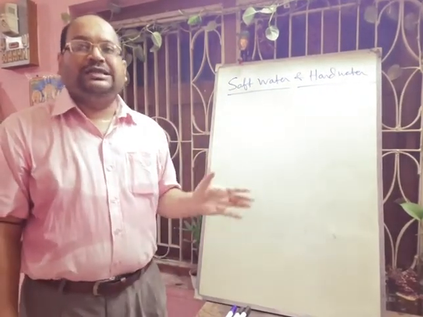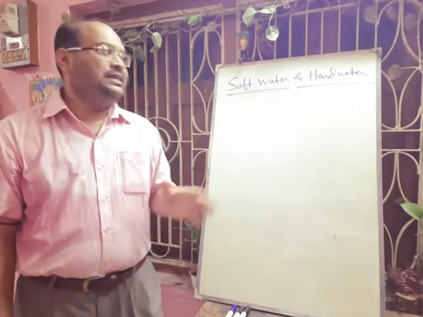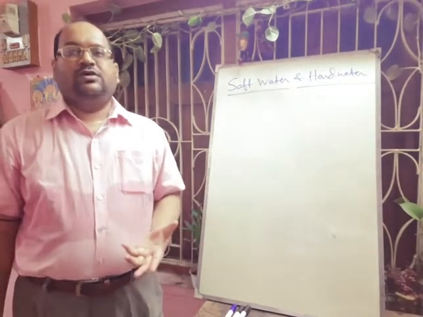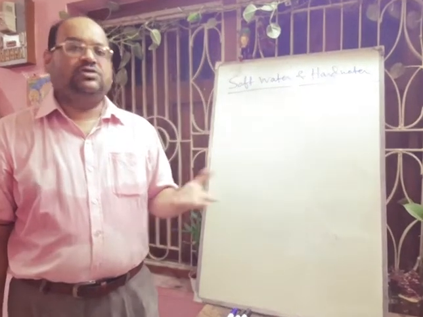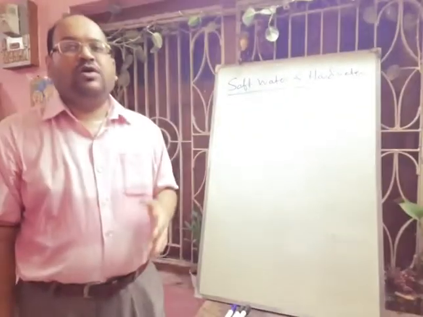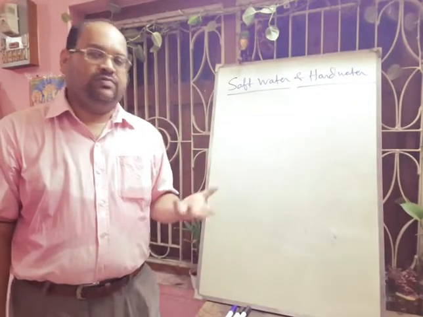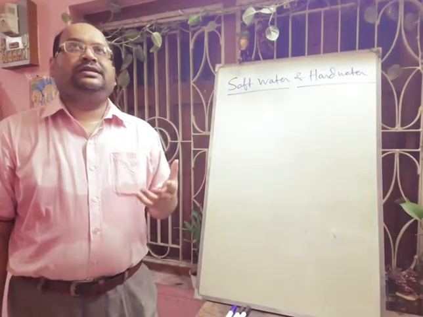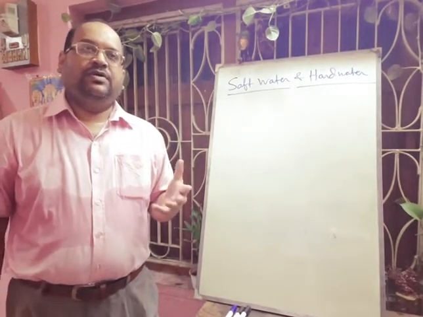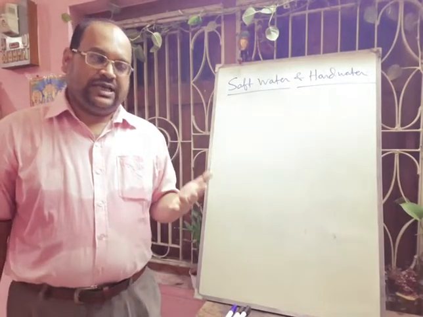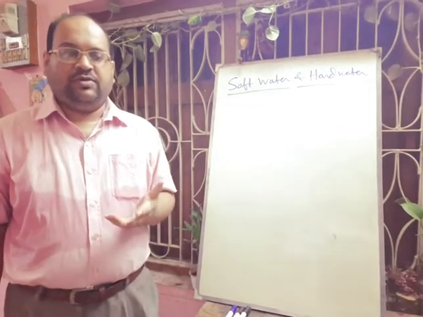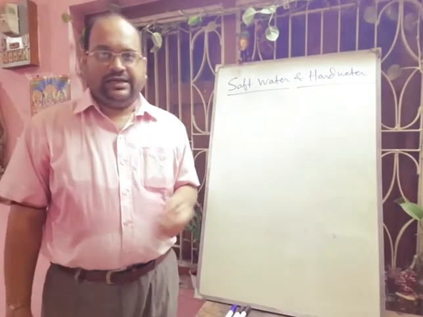Now, soft water is one type of water that readily produces lather with soap. All of you have an idea about soap, that it is a sodium salt of a carboxylic acid having a long alkyl chain.